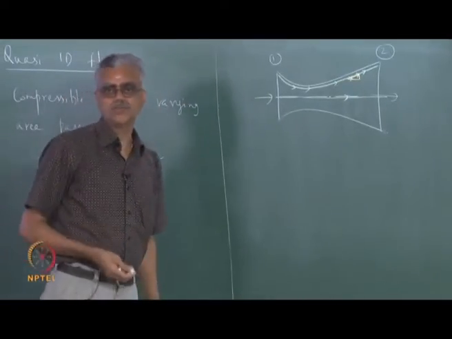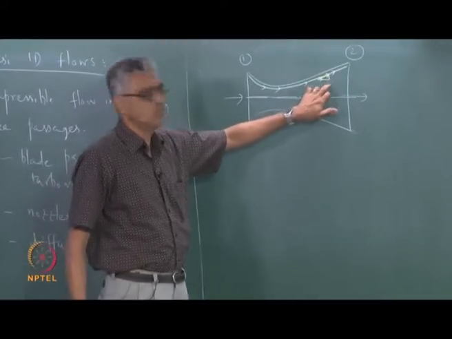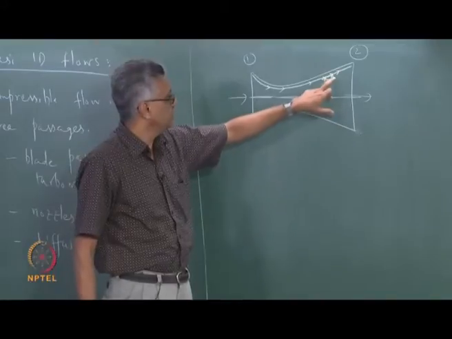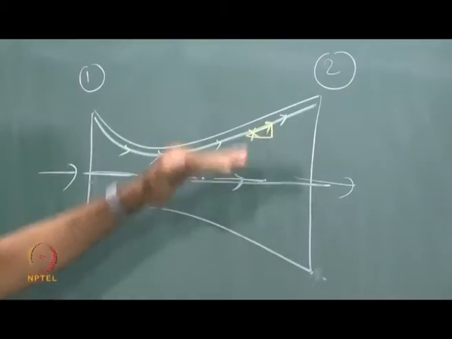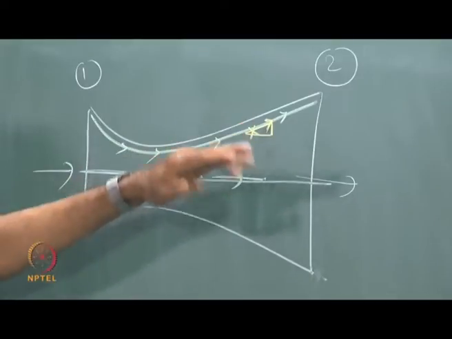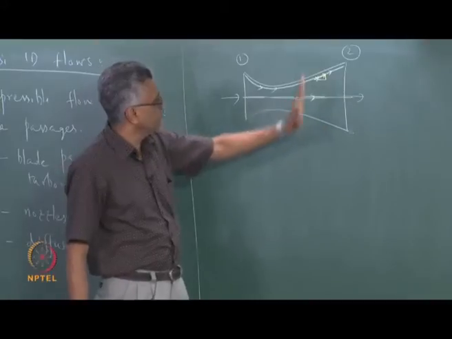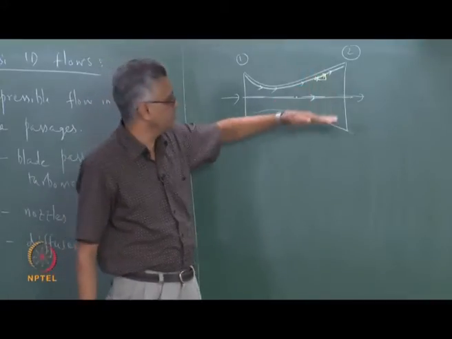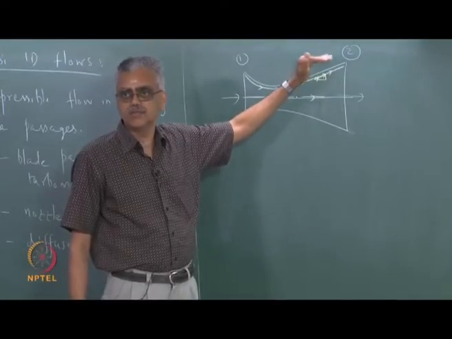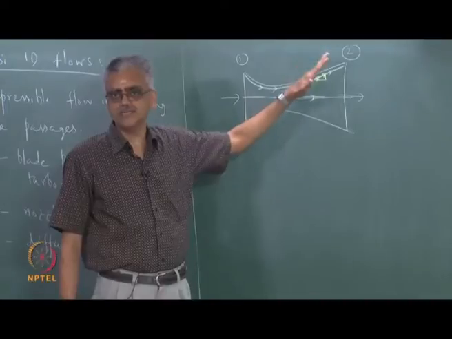So, contrary to what we have seen so far, now we are having a situation where two velocity components are non-zero. So, here this velocity component is 0, but as I go towards the wall, the streamlines begin to deflect, the deflection increases until I am very close to the wall. So, that means the y component or the vertical component of velocity is 0 at the center line and then increases, reaches a maximum near the wall. This is inviscid flow, so it reaches a maximum near the wall.